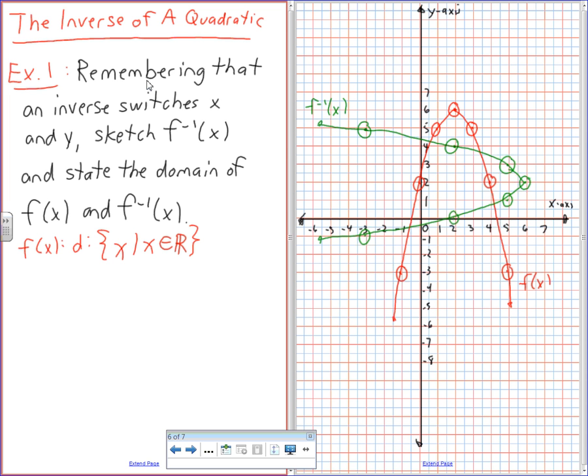Luke, go ahead. Good. So remember we said the x and the y values switch? So that means for my range down below of f inverse, the range is going to switch again. You can see that from the graph, it's going to get bigger and smaller. But again, the domain of the one is the range of the other.